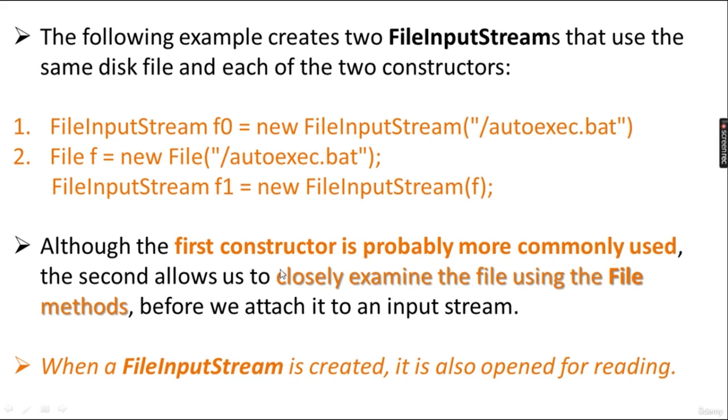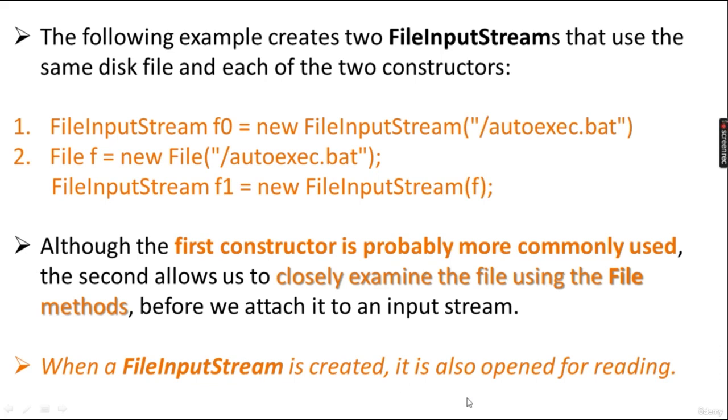Then the file input stream object is created. Although the first constructor is probably more commonly used because it is completed in one line, the second allows you to closely examine the file using the file methods before we attach it to an input stream.